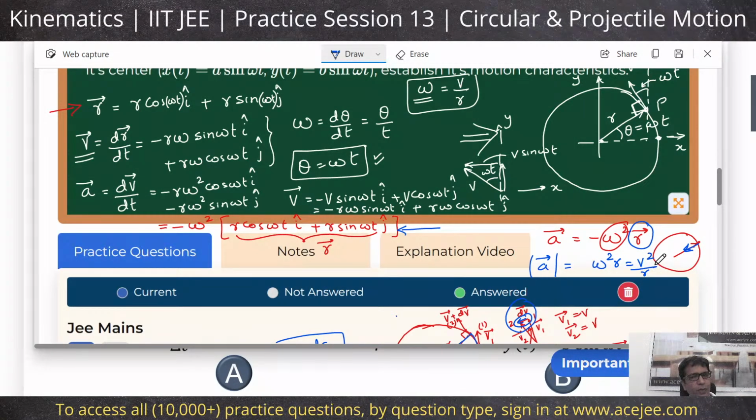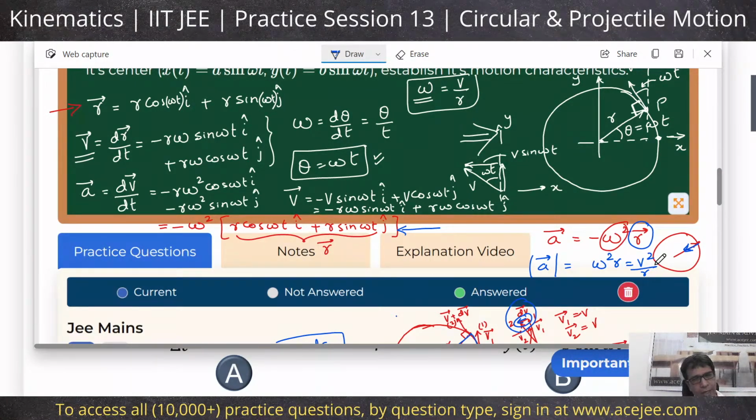Modern physics, everywhere, centripetal acceleration v square by r will keep showing up, not just in your class 11 topics, but in class 12 topics as well. This is one of the very, very fundamental things, right? So if there is any confusion, you have to ask me and I'll redraw these things. We have looked at it both algebraically as well as geometrically. We have convinced ourselves that when the particle is moving along the circular path, the velocity vector is changing with time. And if you look at the change in the vector, it's always pointed towards the center. Convinced, Chavi beta?